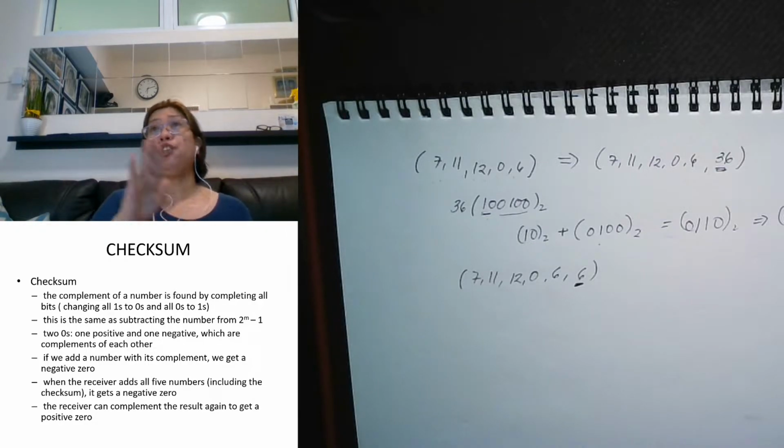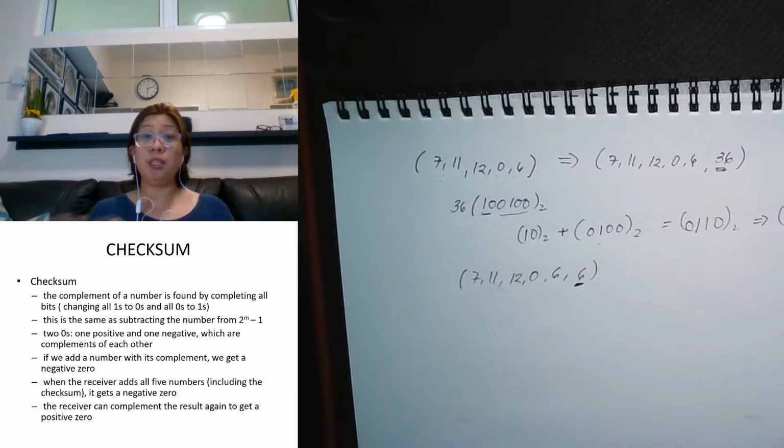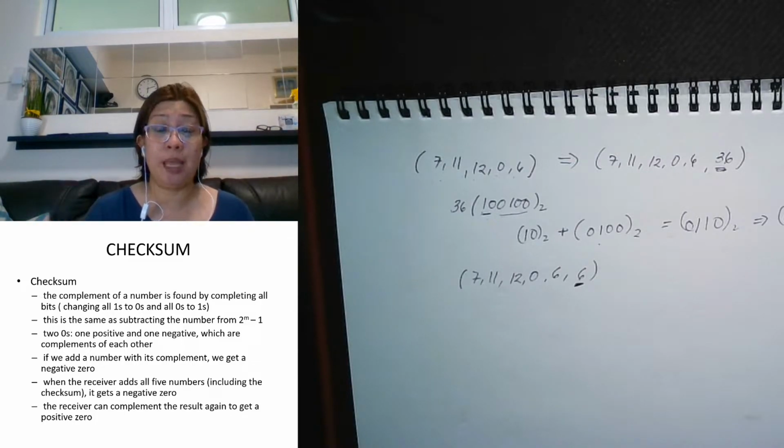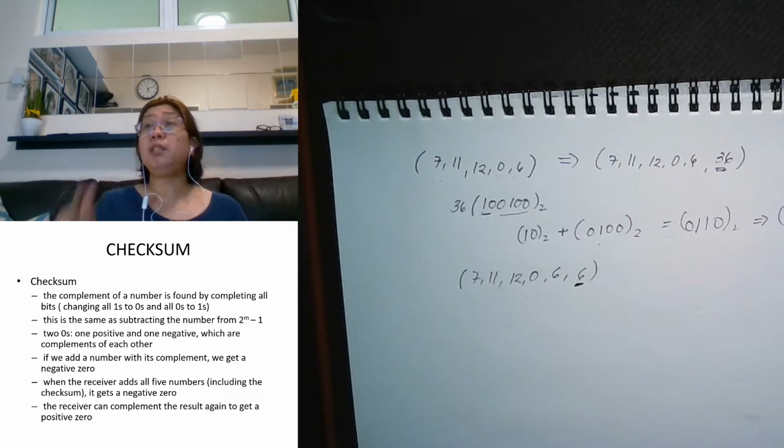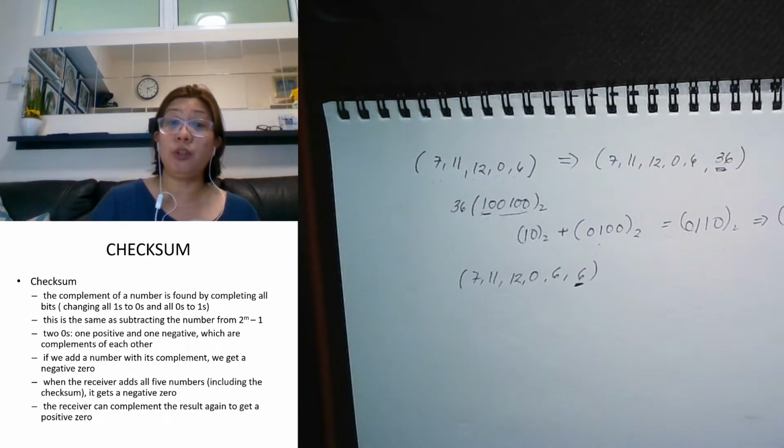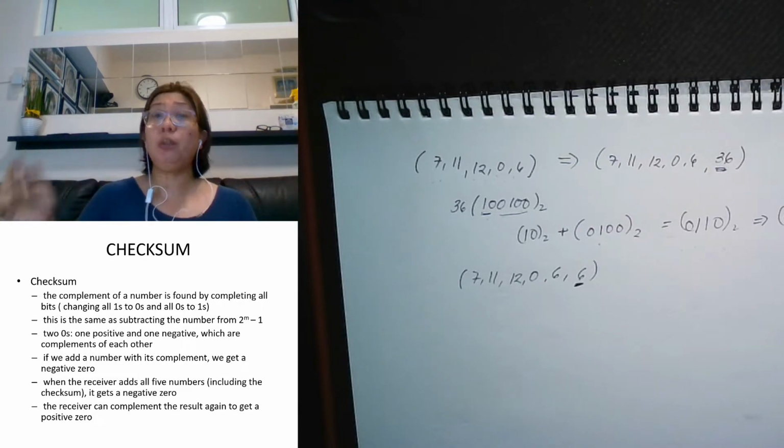That means changing all ones to zeros and all zeros to ones. In one's complement arithmetic, this is the same as subtracting the number from 2 raised to m, minus 1, wherein m is the number of bits required.